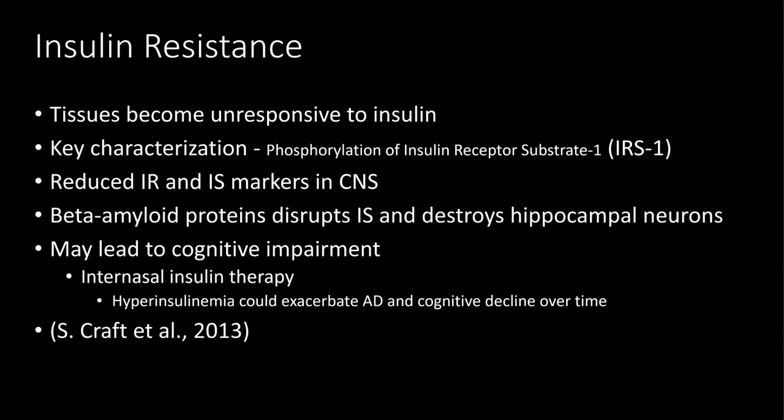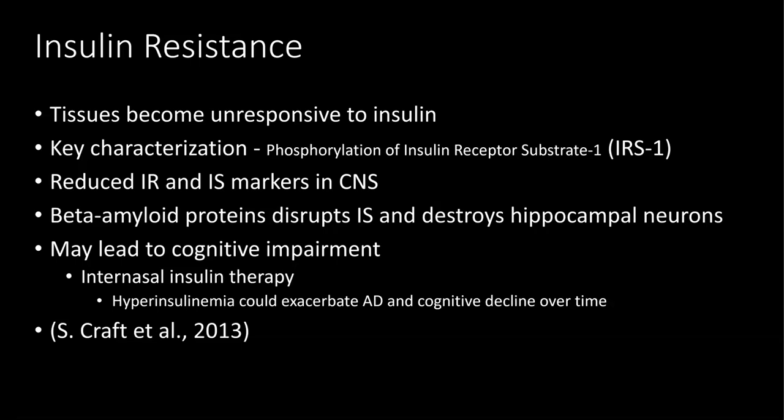Take note that there is phosphorylation in insulin resistance, just like there is a type of phosphorylation of tau proteins in Alzheimer's disease. Insulin resistance is also characterized by reduced insulin receptors and insulin signal markers in the central nervous system, partly due to that phosphorylation that I just mentioned.